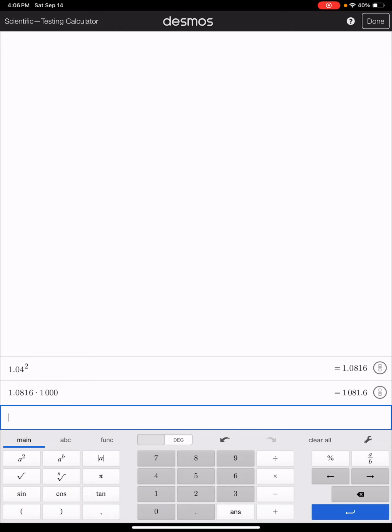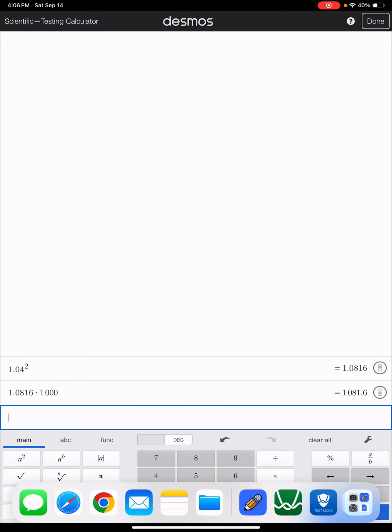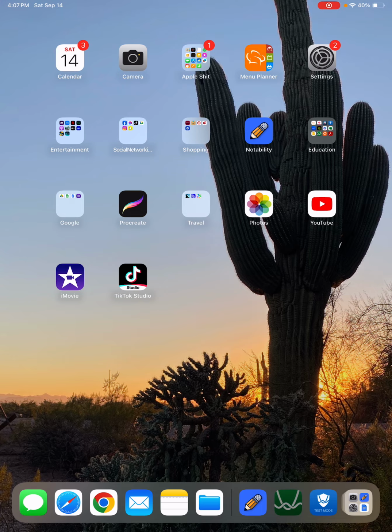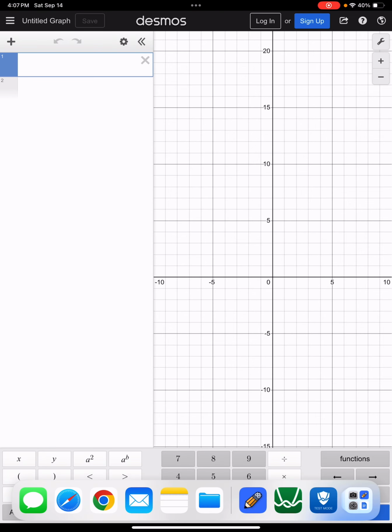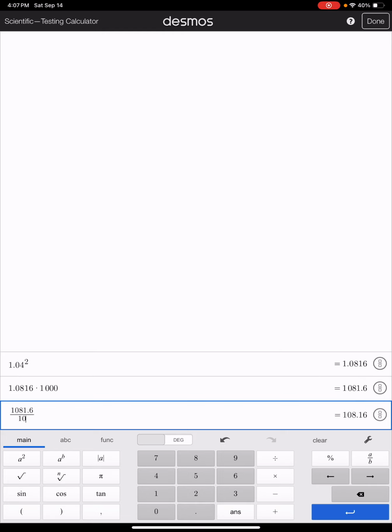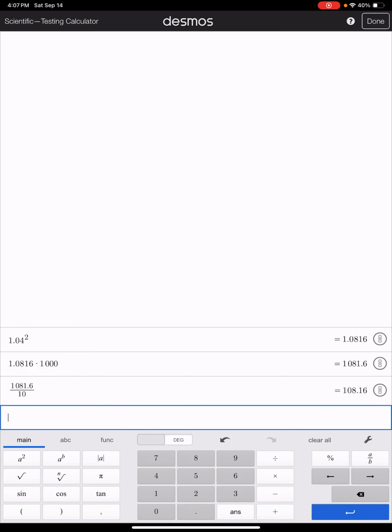It's 1081.6. And then we finally divide that by 10. So going back to calculator, there's no shame in using calculator. So 1081.6 divided by 10 is 108.16.